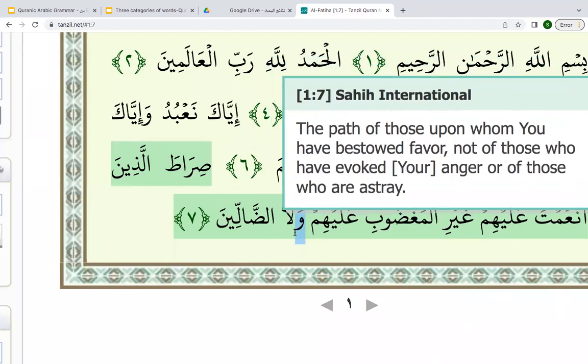So who is now going to tell me the weak signs of an ism? Who's going to write down the weak signs that we just have seen, the weak signs for an ism?